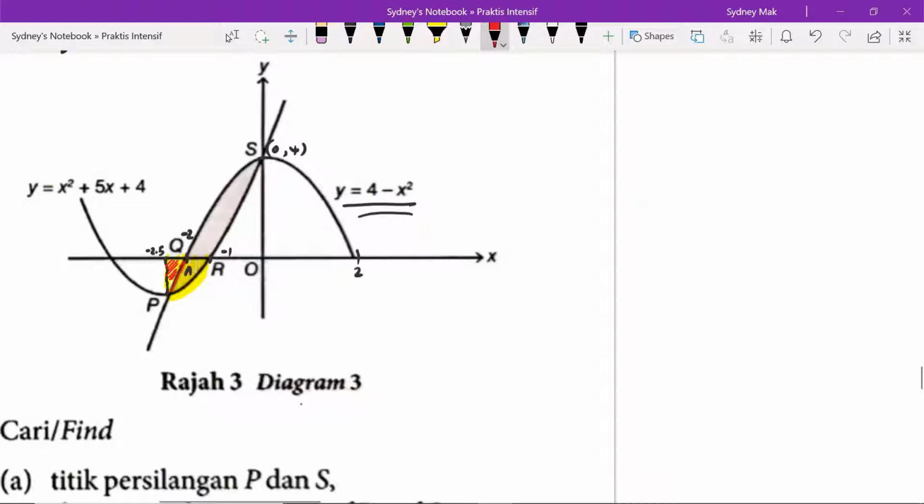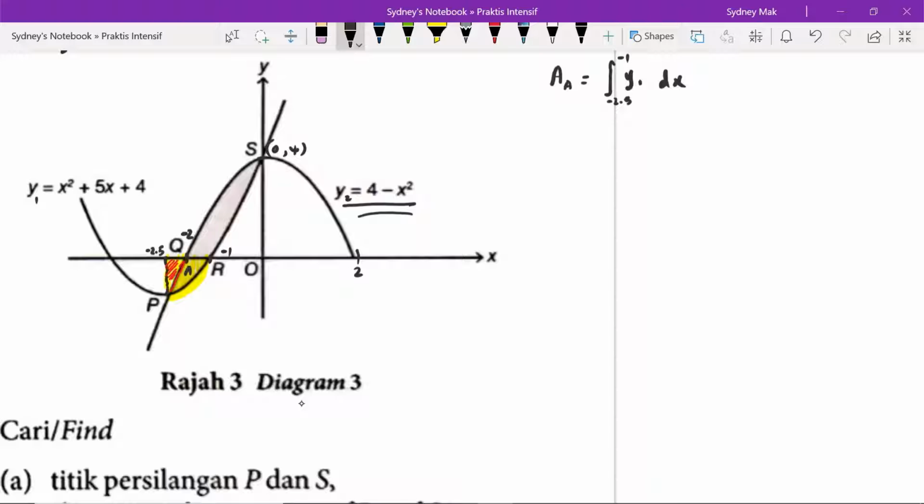So for the area of part A, we shall integrate the smiling face curve. Let's call this y1, and this y2. We take y1 from negative 2.5 up to negative 1 with respect to x, and that will give us the yellow shaded region, but we don't want that.